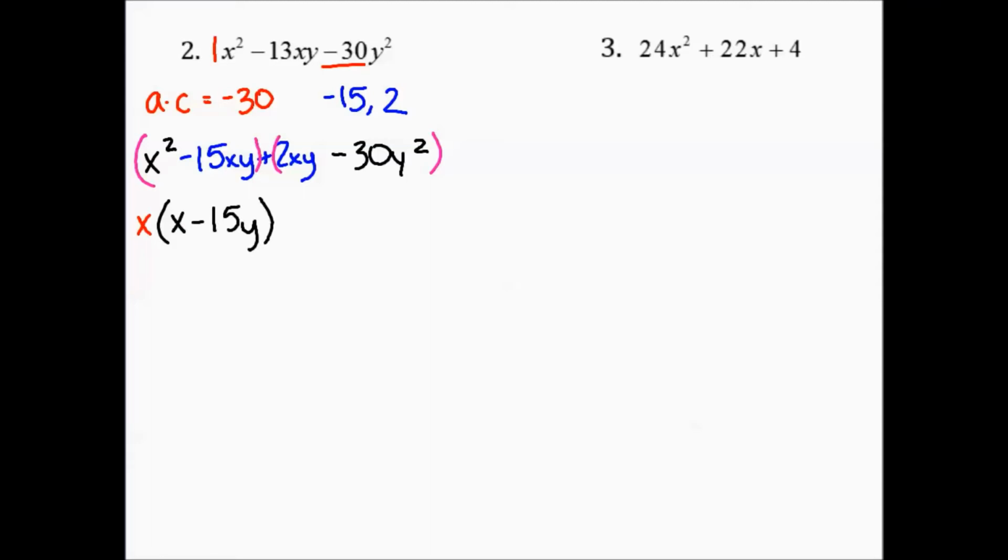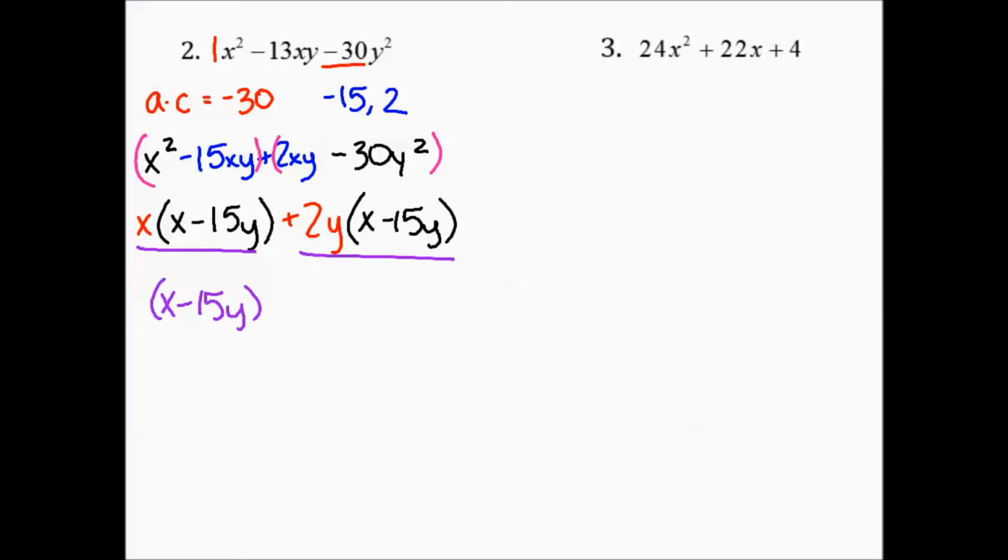The GCF of the second set of parentheses is 2y. When I factor that out, I'm left with x minus 15y. Then, if I look at these two terms, the GCF is x minus 15y, and I'm left with x plus 2y.